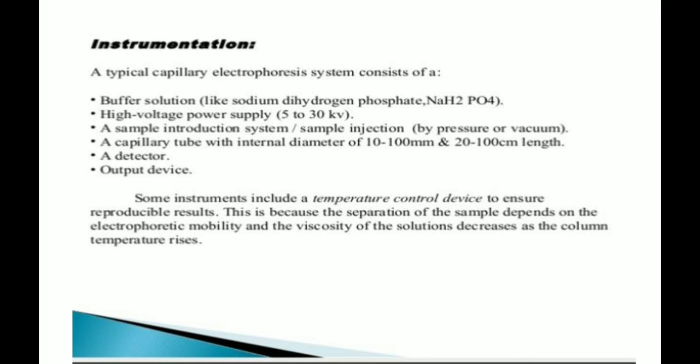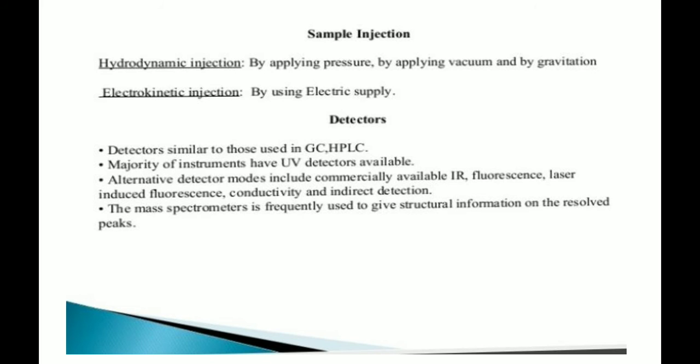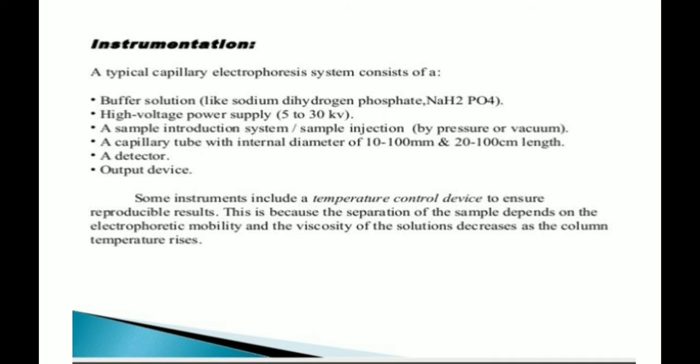So a typical capillary electrophoresis setup consists of different things. A buffer solution is very important, like sodium hydrogen phosphate; you can use phosphate buffer. Then a high voltage power supply, which is usually 5 to 30 kV. Then a sample introduction system, meaning how you will inject the sample into the capillary.